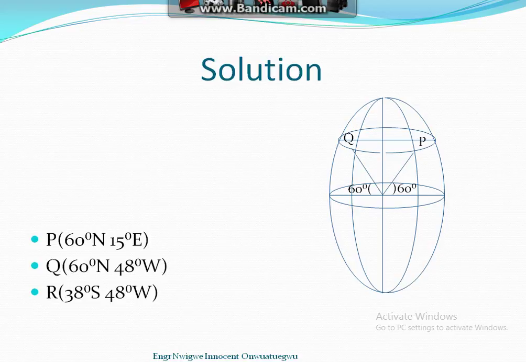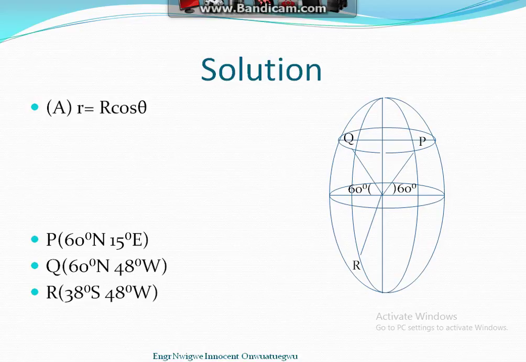Then for R, since it's south, we measure out 35 degrees south downwards. Then for 48 degrees west, we locate it along the small circle west.